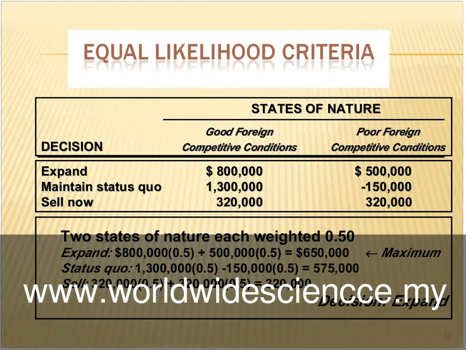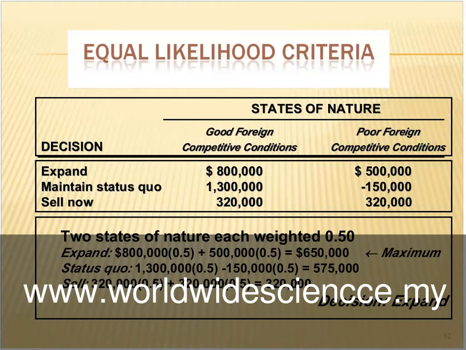So one divided by 2 is 0.5. In each project, each state of nature should be multiplied by 0.5, because we have two states of nature here. This is the equal likelihood.